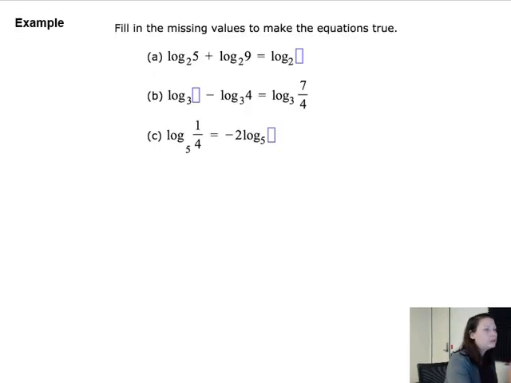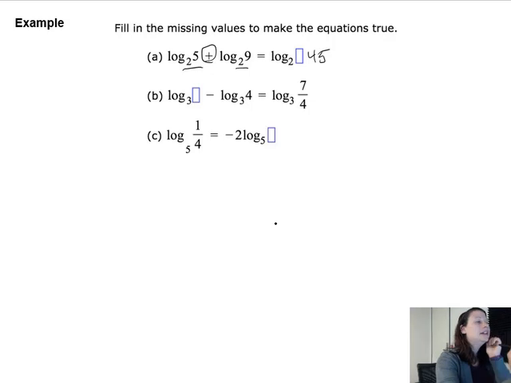All right, so now let's use some of these. This first one, part A, we see we have the same base, which is very important. We have addition on the outside, so that means we multiply on the inside, right? So this inside is, well, log base 2 of 45, right? 5 times 9.